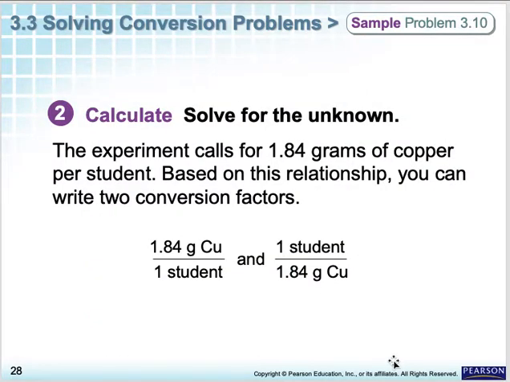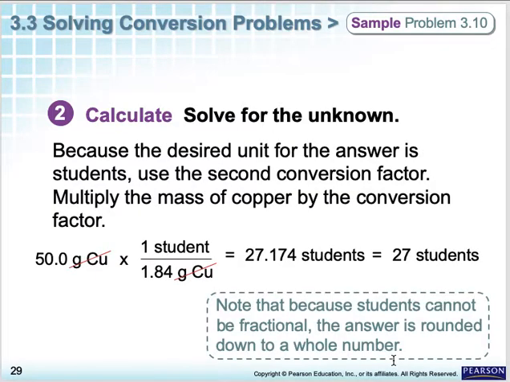So we can say that for one student, I need 1.84 grams, or I need 1.84 grams for one student. And we'll decide which of these two conversion factors we need. So we're going to start with our 50 grams. And again, I would have a line straight across. My 50 grams would go on the top.